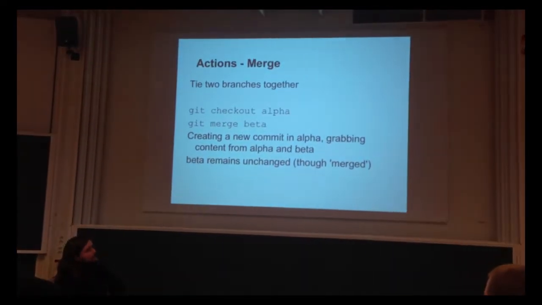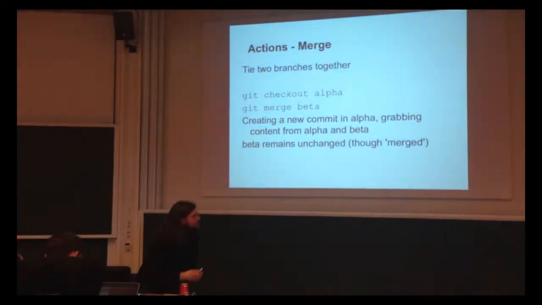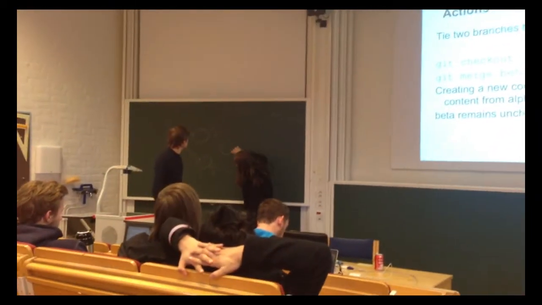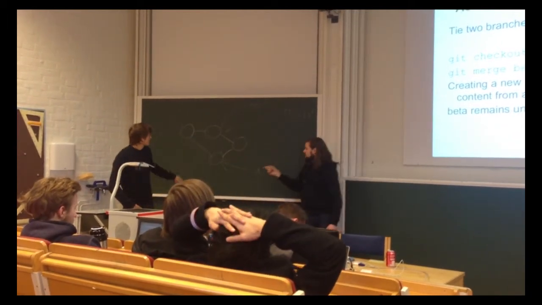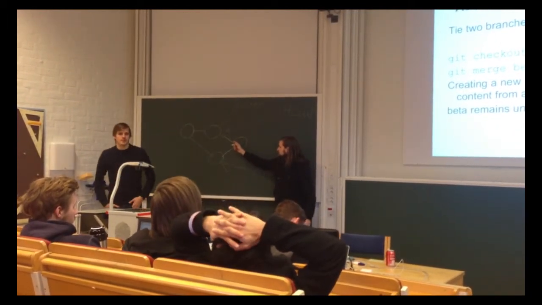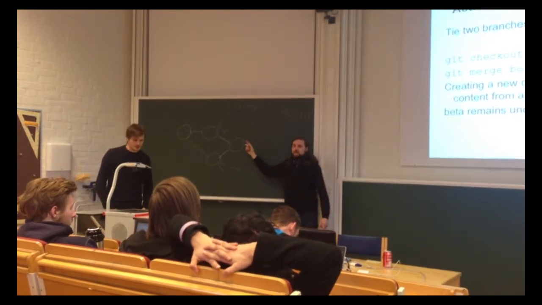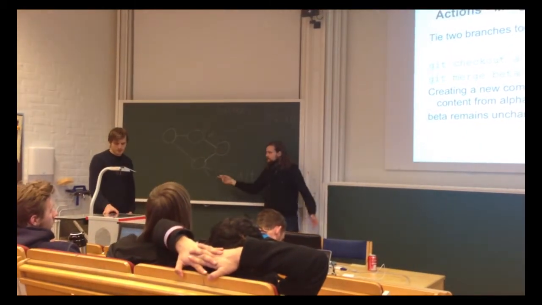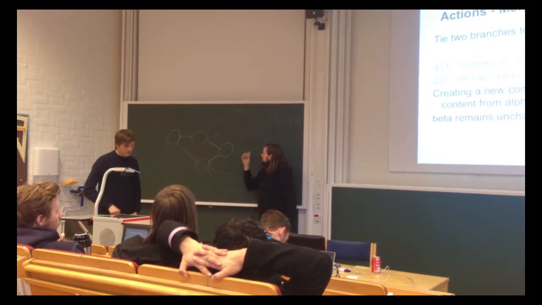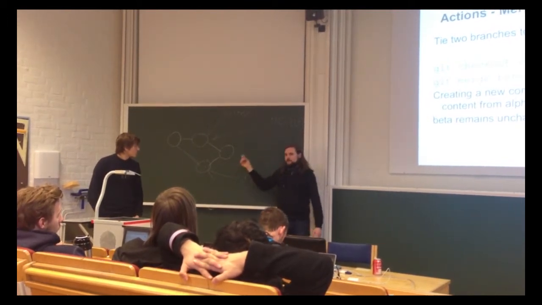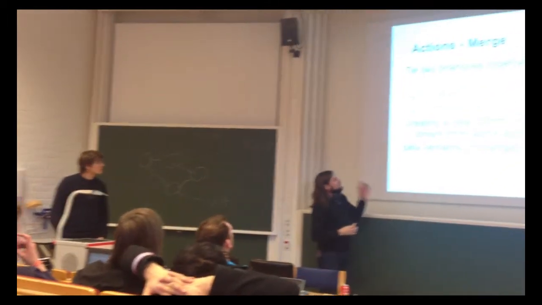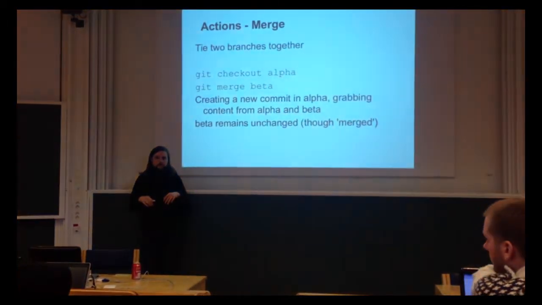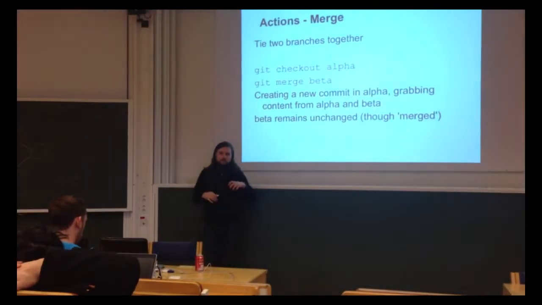Just a little bit of theory about it. When I do a merge, it will in a way create a commit somewhere in the middle. This is special because it has two different parents. It's the only kind of commit that has two parents: a merge commit. The interesting thing is what labels will point at this commit, and that depends on where I stand when I perform the merge and which branch I merge in.